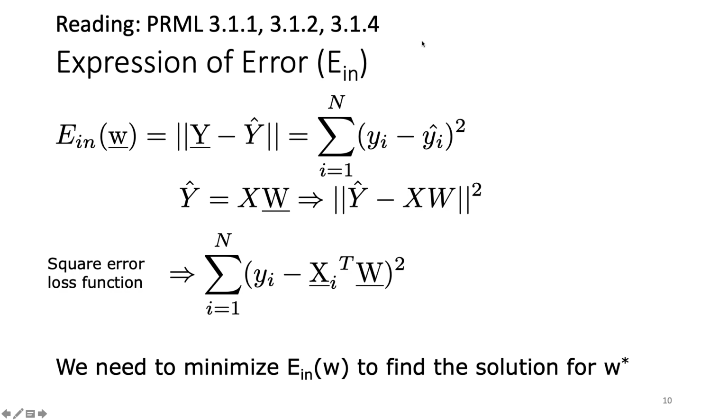So, in order to express the in-sample error, what we need to do is just do a vector operation and find the norm of this vector, your actual labels minus your predicted labels, right? And this is equal, if you convert it from vector space to a scalar space, to a summation of all those square errors, okay?